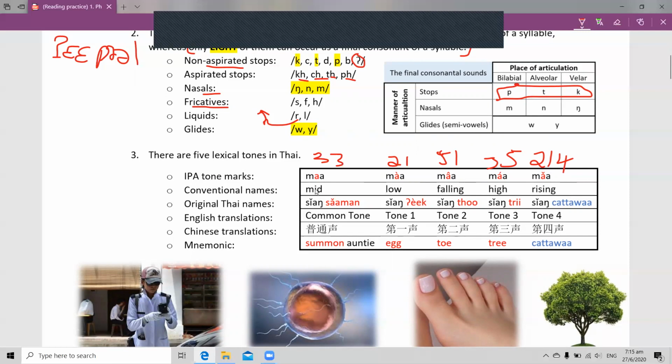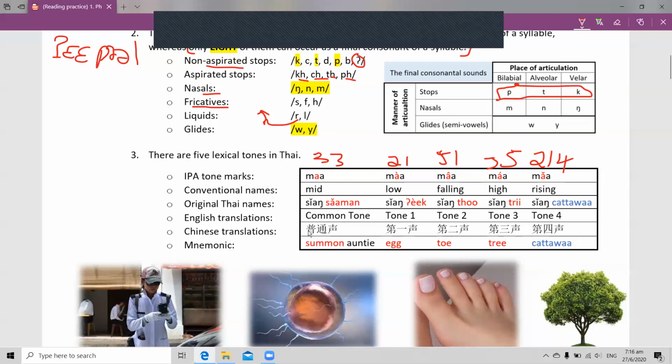These are the conventional names, mid, low, falling, high, rising, that they use in the universities. As for the original Thai names, they are called Siang Saman, Siang Ek, Siang To, Siang Tri, and Siang Chatawa. Translated, they are the common tone, tone 1, tone 2, tone 3, and tone 4.